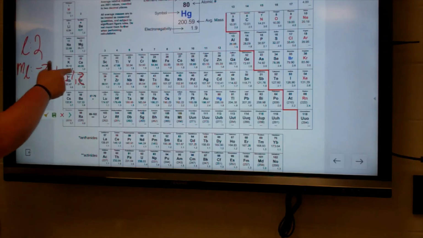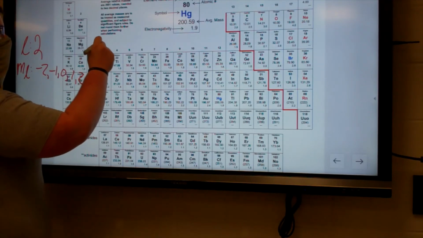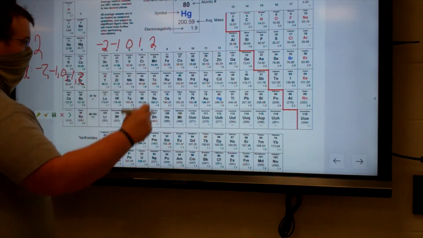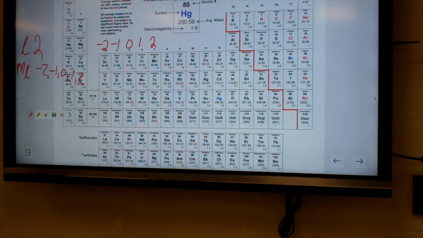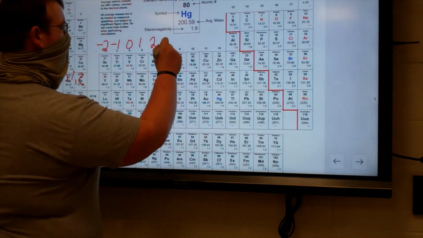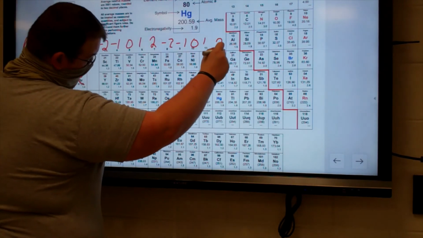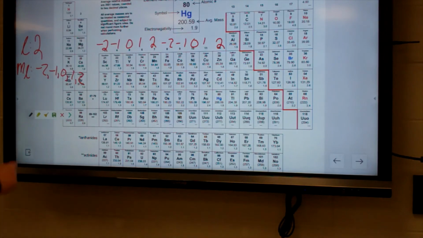So we're going to start column 3, -2, -1, 0, 1, 2. Once you went through it the first time, repeat. Column 8, -2, -1, 0, 1, 2. What's the first pattern in terms of the spin quantum number?